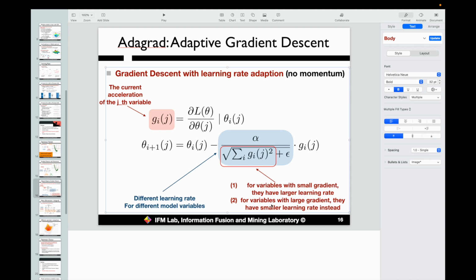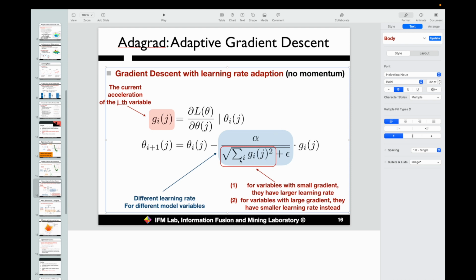On the other hand, for the variables with very large gradients, the updating step will be very large, right? We may consider slowing them down because if we are moving them very fast, it is highly likely we will move in a zigzag way and cannot achieve convergence. Then the way we do it is also dividing this alpha by them. For the variables with large gradients, by dividing by the historical gradients, we can slow down and have a small learning rate for them instead, right?